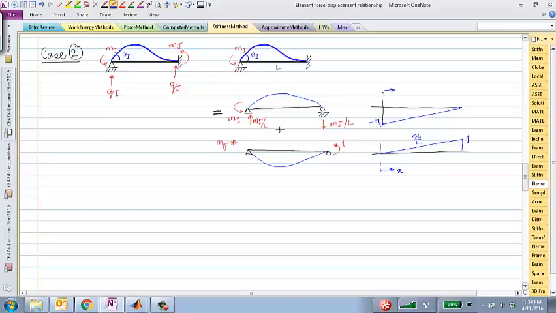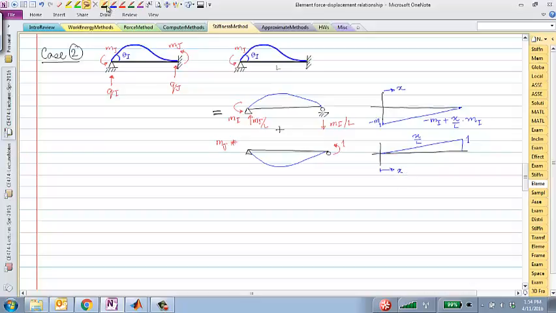So measuring x from this side as well, the equation of the other curve would be minus mi plus x over L times mi. We can check: when x is 0, the moment here is minus mi. When x is equal to L, the moment is 0, right?